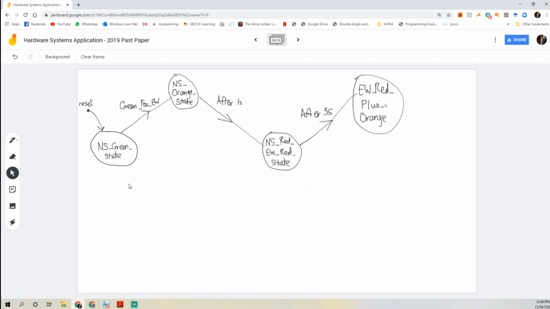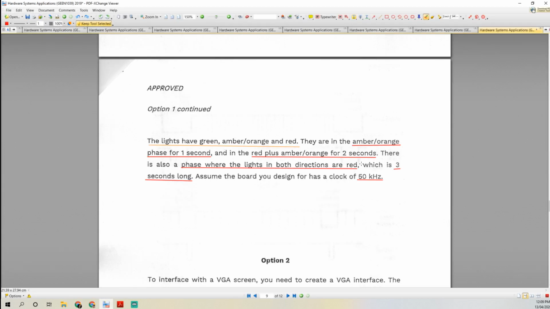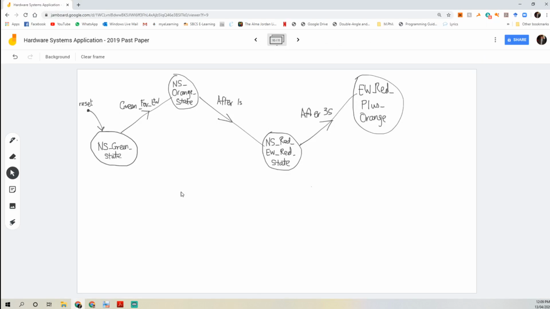All right. And what happens in this red plus orange state? Well, it says that the lights are in red plus amber / orange for 2 seconds, which means that in order for us to transition from east-west red plus orange to east-west green, 2 seconds should have passed.